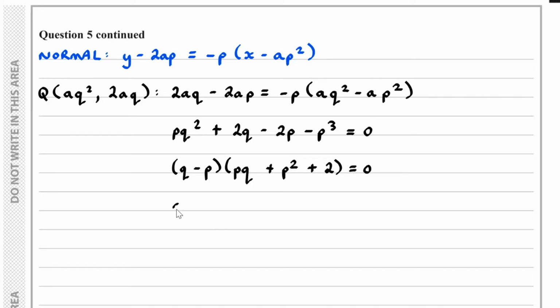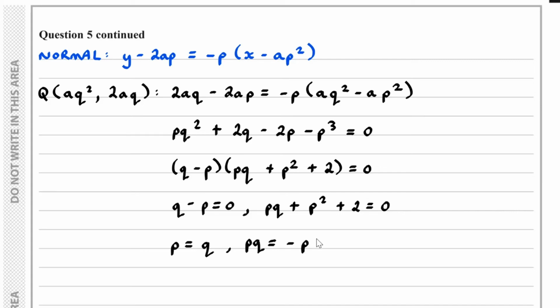So either q - p = 0, or we've got pq + p² + 2 = 0, from which we can see p = q, or, solving this, pq = -p² - 2.